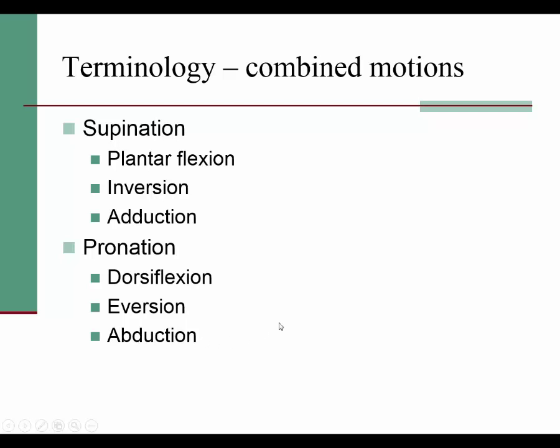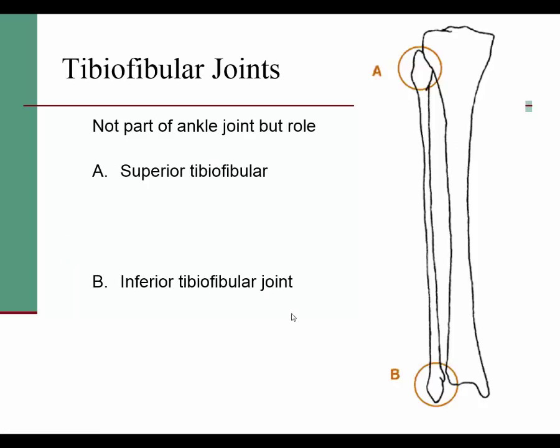Some joints to talk about here. The tibiofibular joint. At a more proximal level, you've got the superior tibiofibular joint, and then distally the inferior tibiofibular joint. The superior tibiofibular joint is a non-axial plane joint. It does have a joint capsule, mainly reinforced by the ligaments.